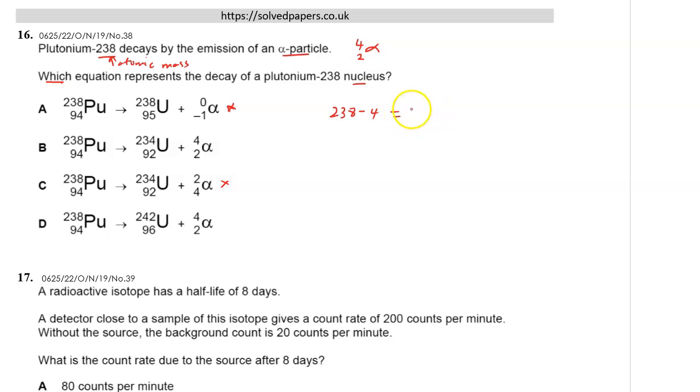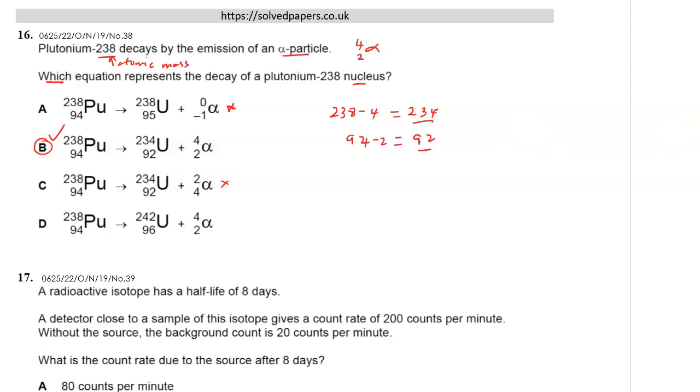So the atomic mass now should be 234. And the atomic number, which is 94, decreases by 2, and this should be 92. So that's what you'd be looking for, 234 and 92. So 234 is here, and 92 is here. Consider this is 242. So the right answer is B.